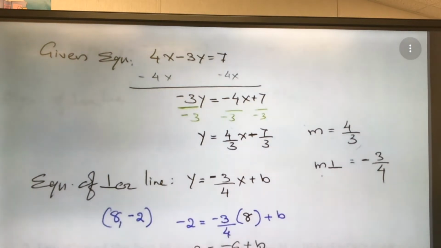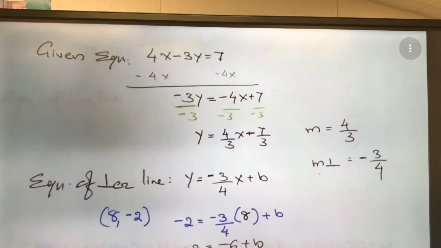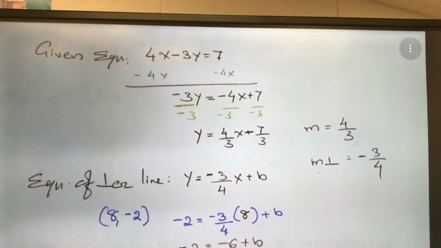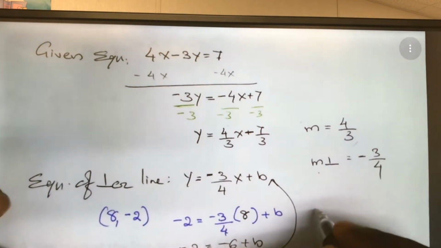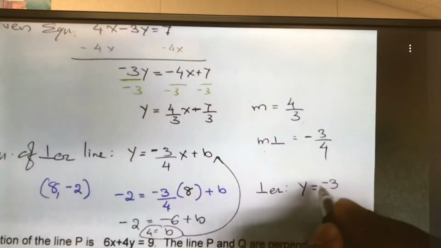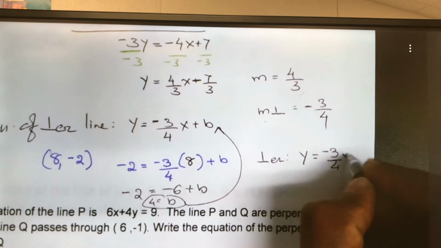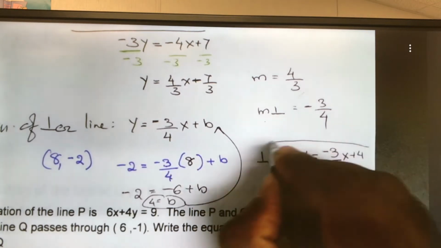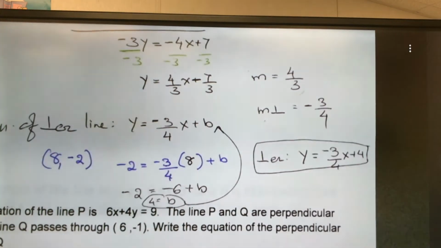To solve for b, I add 6 on both sides. I will get b is equal to 4. So now you have the b, so replace the b with 4. The equation of my perpendicular line is y is equal to negative 3 over 4 x plus 4. That should be the answer.